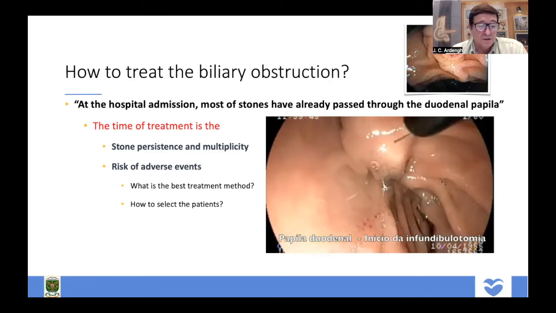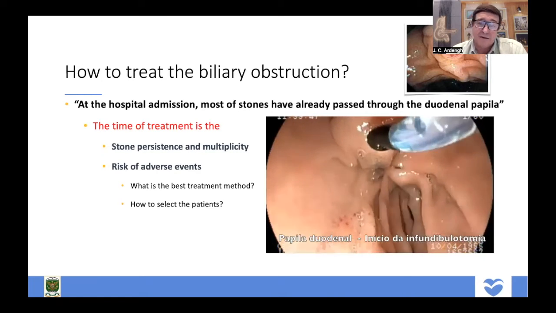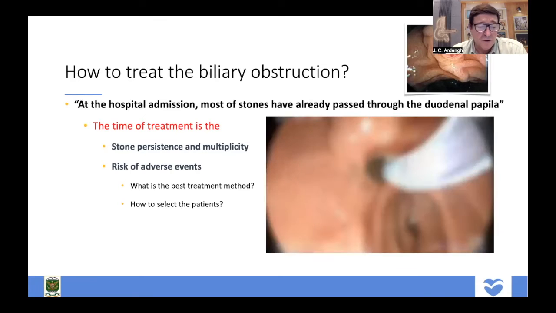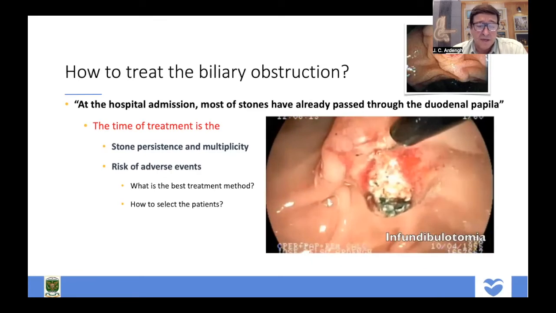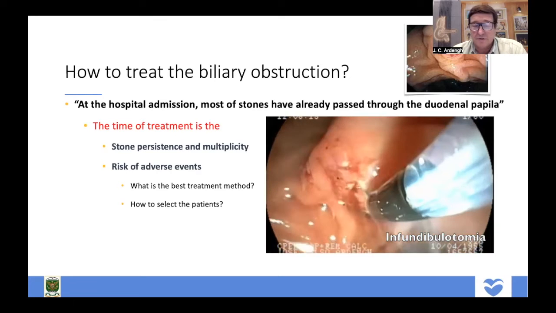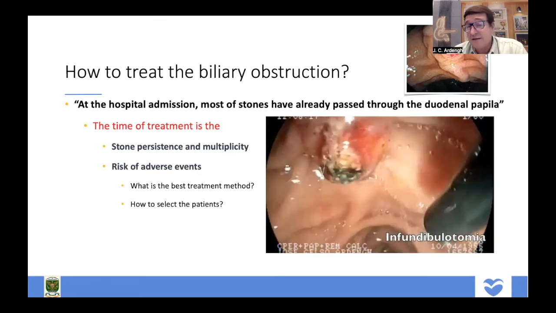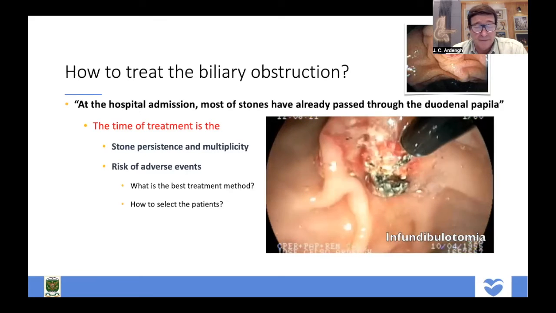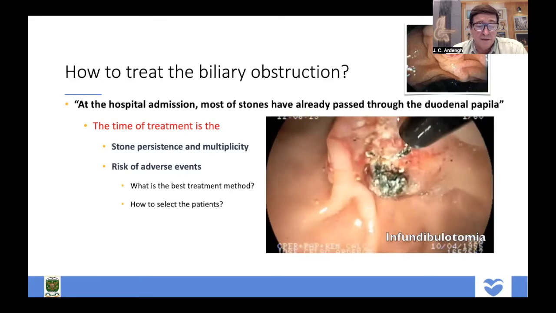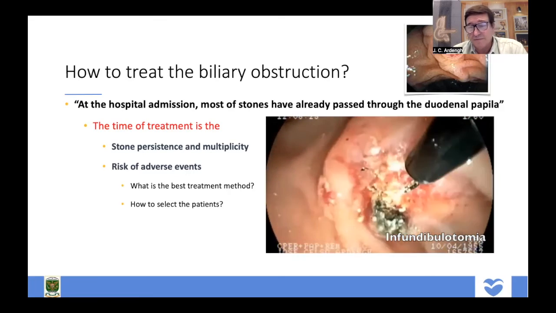This video shows a patient with acute biliary pancreatitis undergoing ERCP 48 hours after the onset of the episode. We find the impacted stone on the papilla being successfully removed.